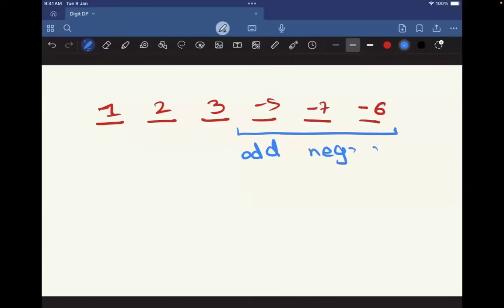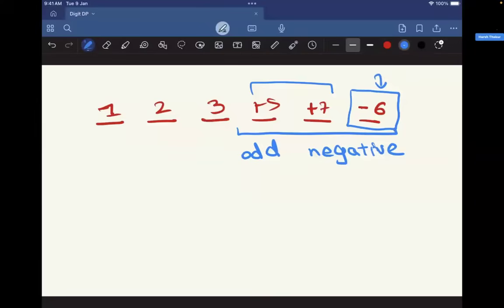Now, guys, when there are an odd number of negative numbers, do you agree that I can take all other elements and make them positive, and there will be one element left which is negative? Yes or no? Let's say this becomes +5, this becomes +7, and right now there is one element remaining, which is -6, which is negative. Yes or no? Tell me, guys.